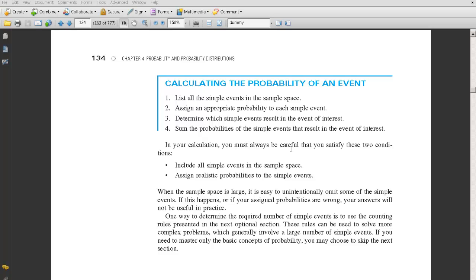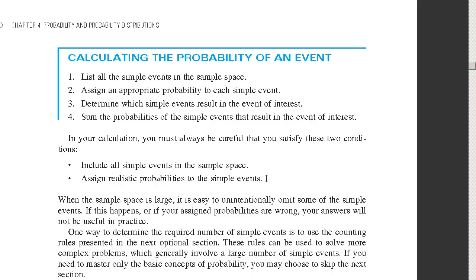So they give us 2 things to follow here. Include all simple events in the sample space. So don't forget, when you're figuring out what the sample space is, don't leave anything out. And assign realistic probabilities to the simple events. When the sample space is large, it's easy to unintentionally omit some of the simple events.